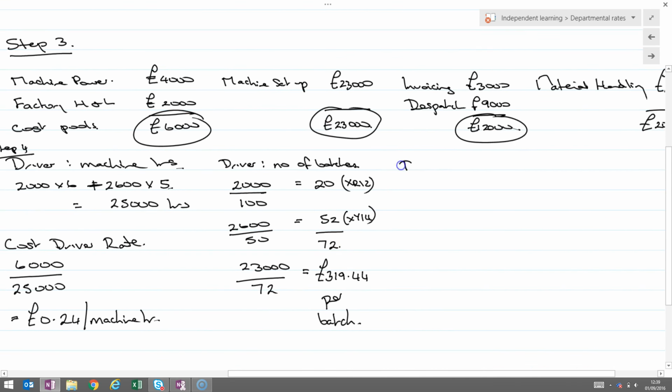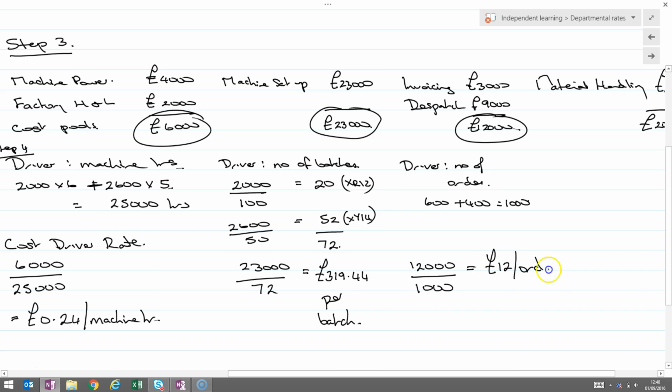So the driver, number of orders, 600 plus 400. So that's 1,000. So our cost driver rate is our cost pool, £12,000 divided by 1,000 orders gives us £12 per order.